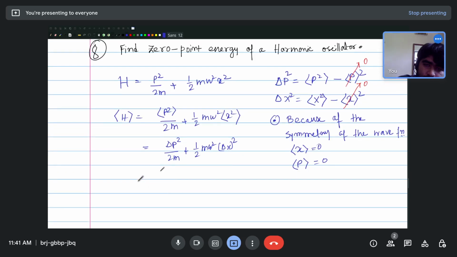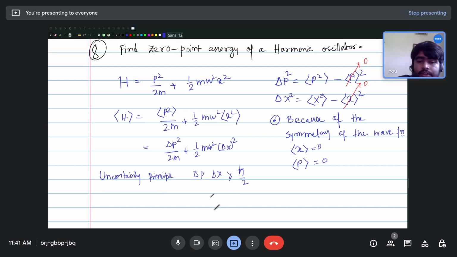So here we will use the uncertainty principle. It tells us that delta p times delta x should be greater than or equal to h bar by 2.